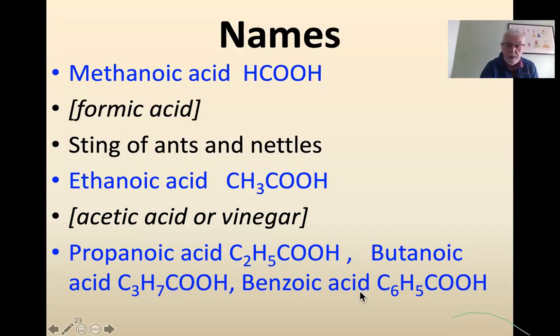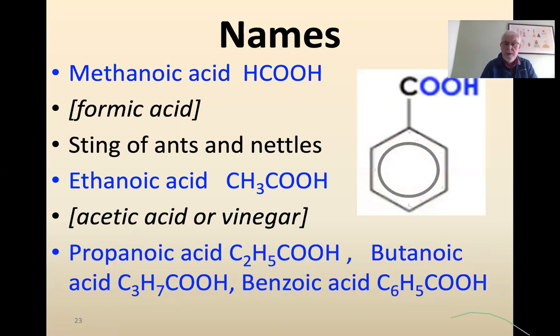And then another one we have to know about is benzoic acid, C6H5COOH, because we'll be making it later on in this course. If we look at benzoic acid, there is the structure of benzoic acid. The H of formic acid has been replaced by a benzene ring.